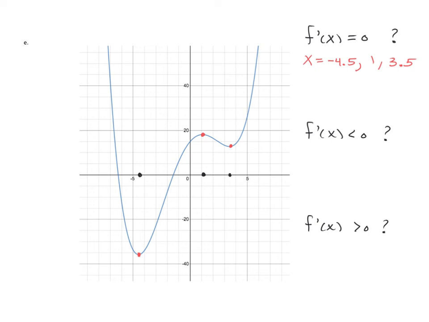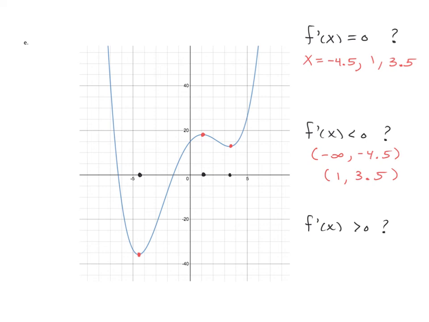All right, so where is it negative? That's wherever your graph is decreasing. That's going to be here and here. So in terms of intervals, that is from negative infinity up to, but not including, negative 4.5, but also everything from 1 to 3.5.